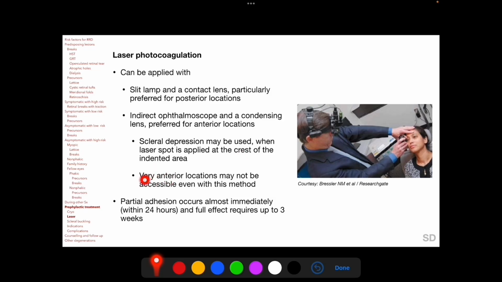But very anterior locations may not be accessible even with an indirect ophthalmoscope and scleral depression. Unlike cryotherapy, partial choroidal adhesion following laser photocoagulation occurs almost immediately, within 24 hours, but like cryotherapy, full effect requires up to 3 weeks to take place.